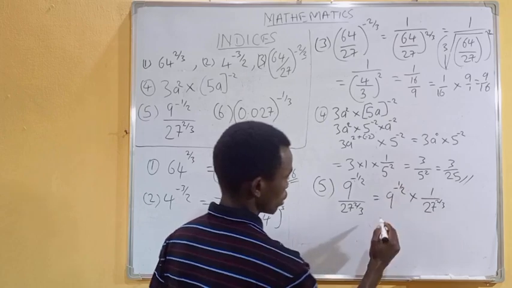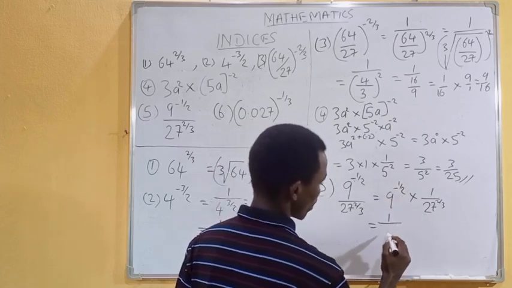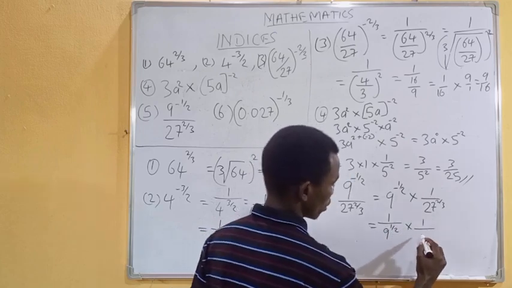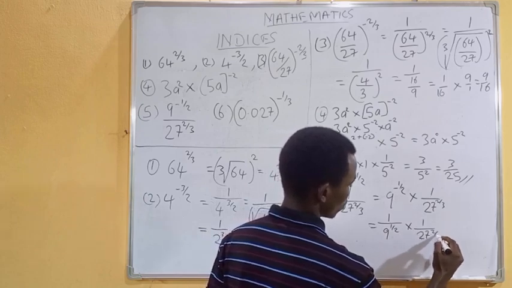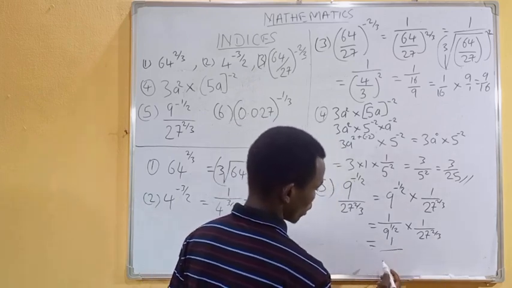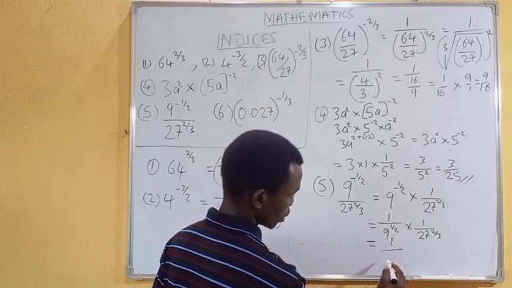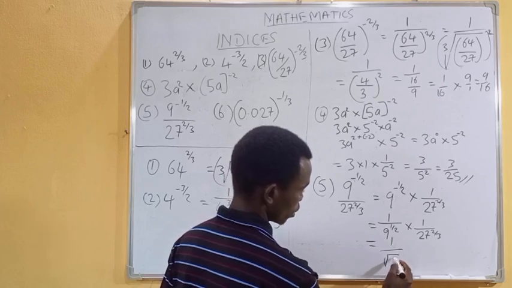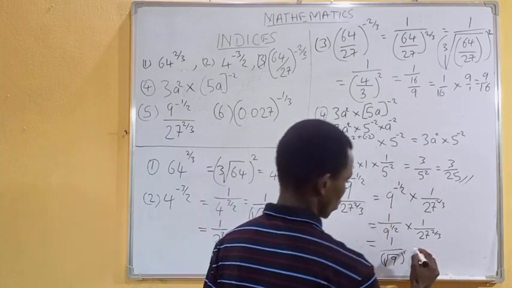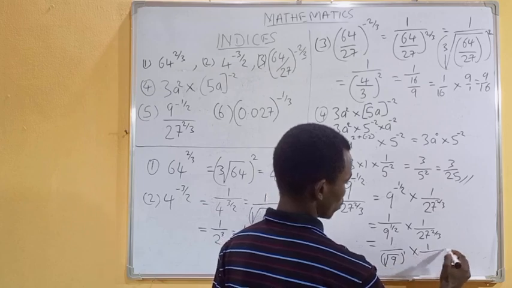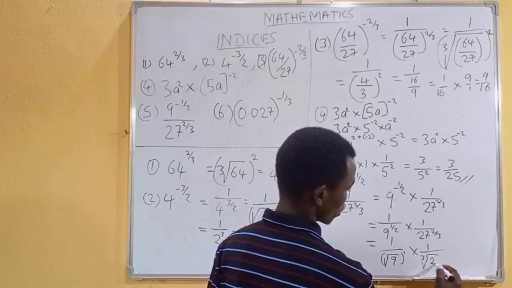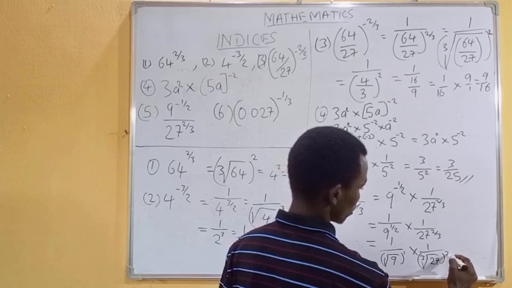And to remove this negative, it will now be 1 divided by 9 raised to the power 1 over 2 times 1 all over 27 raised to the power 2 over 3. And this will now be 1 all over the root, the denominator 2, that is root 9 raised to the power 1, which is the numerator, times 1 all over the root, which is the denominator, of 27 all raised to the power 2.